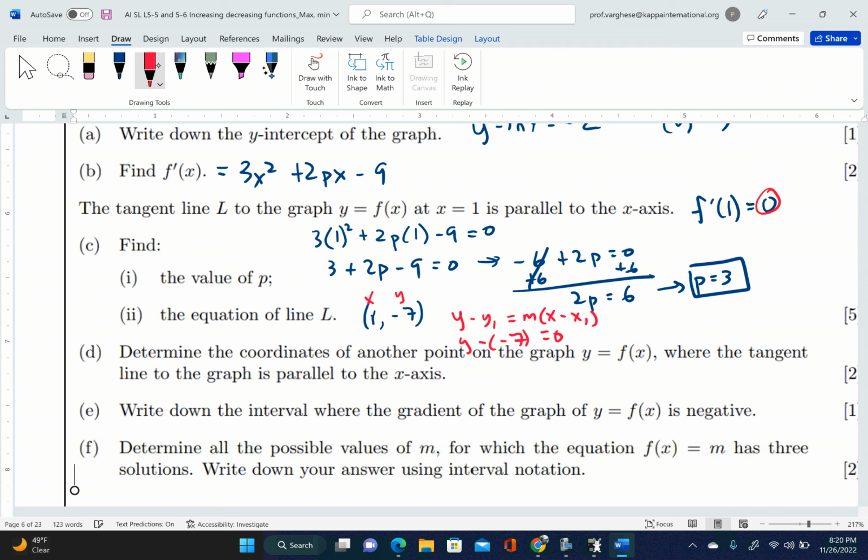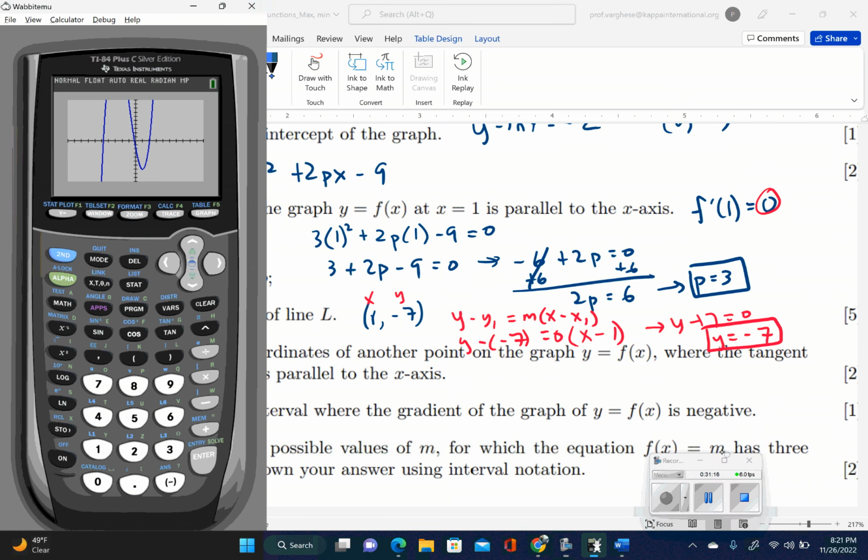So I have 0 times (x minus x1, which is 1). And when I do this, 0 times anything is just 0. So I have y, negative negative is a positive, so I have y plus 7 equals 0. Subtract 7 on both sides, and I get y is equal to -7, which is my equation of line L.